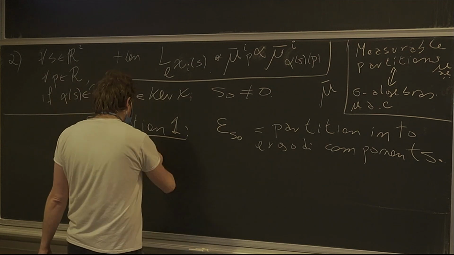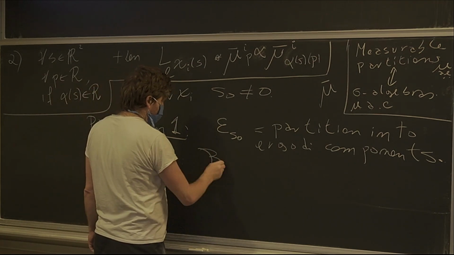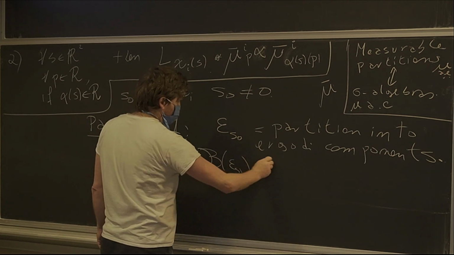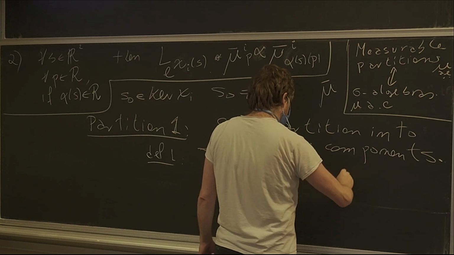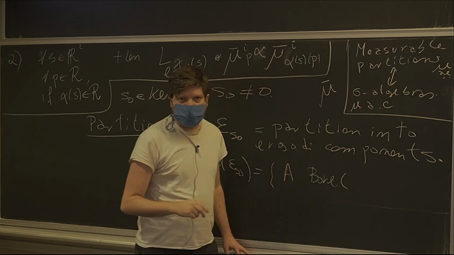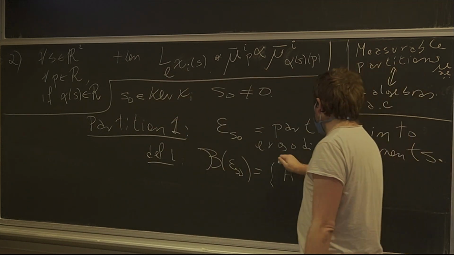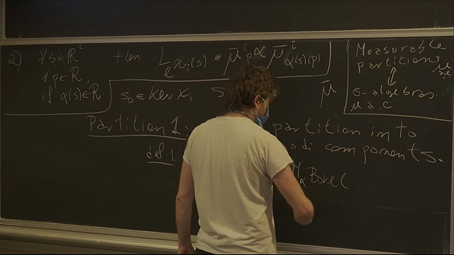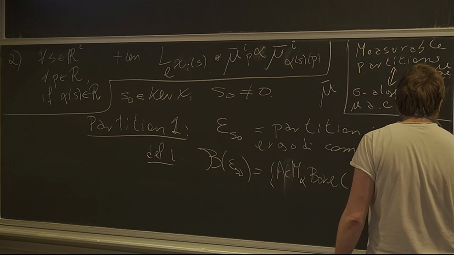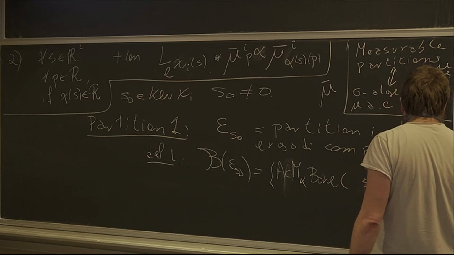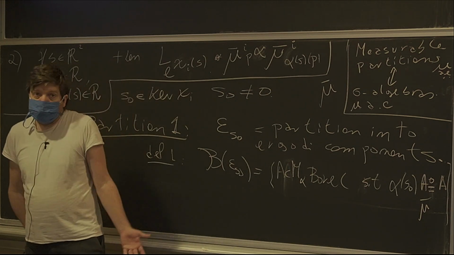So, definition one: I have the sigma-algebra of all Borel sets A contained in M such that alpha S naught of A equals A mod 0. And this is a sigma-algebra. It's a sigma-algebra of invariant sets.